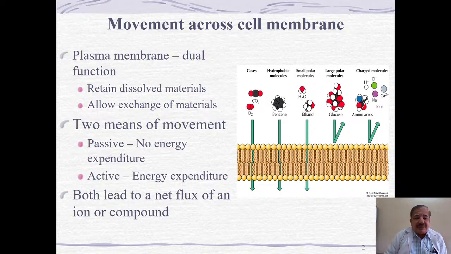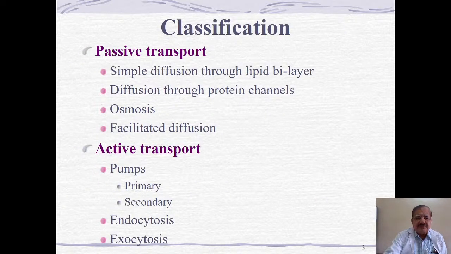Both lead to the net flux of an ion or a compound. So, by both means, there can be a net influx or efflux. So, classification. Now comes passive transport.